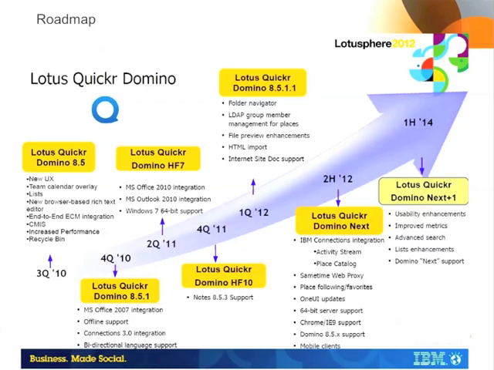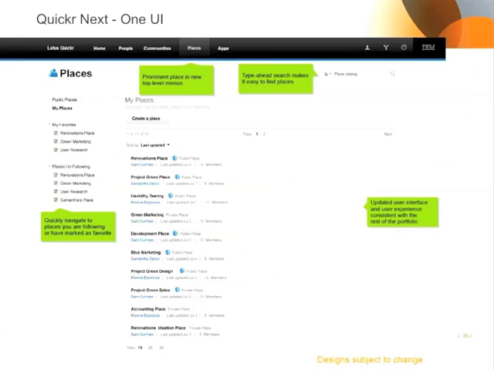But the ones I would like to point out here is the support for the most recent browsers, most recent version of Domino, and of course a continuous focus on the mobile clients. The other features I will let you discover right away when we move into the UI of the Quickr next release.